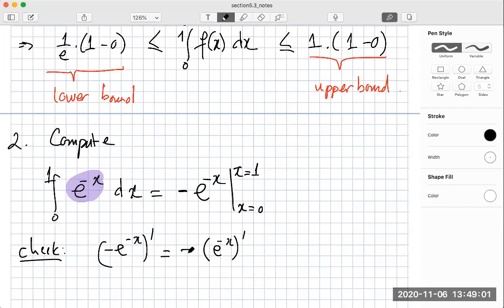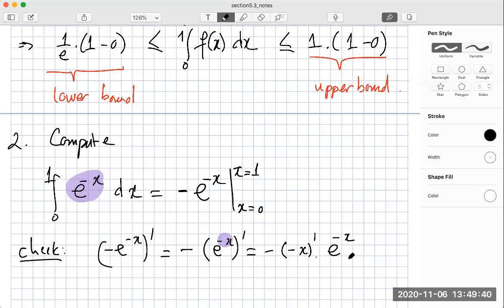Now the derivative of e to the something. If you don't remember this, look back at the formula in the notes I gave you. This is e to the u, and u in this case is negative x. From the formula, we rewrite the negative sign, then u prime, which is negative x prime, times e to the u, which is e to the negative x.